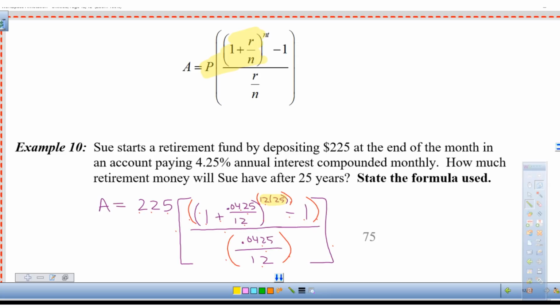Divided by parenthesis, 0.0425 divided by 12, close parenthesis, enter. So after 25 years, look what she's going to have. She's going to have $119,954.30 to retire on.